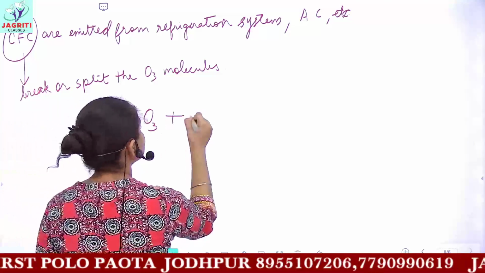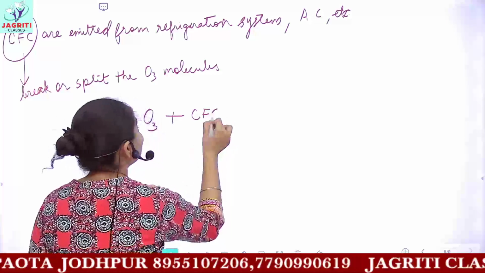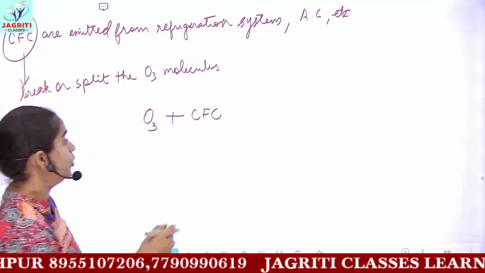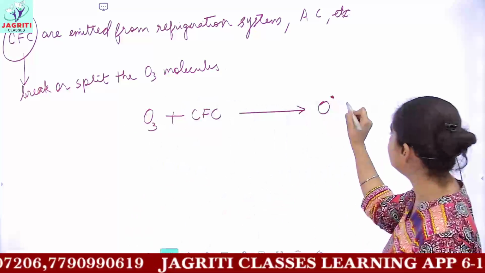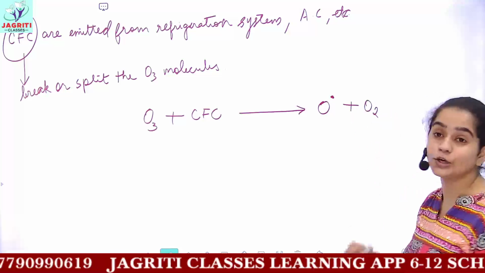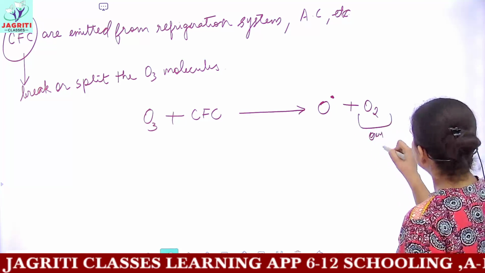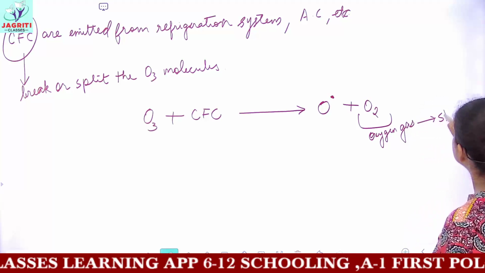So whenever the CFC works on these ozone molecules, these ozone molecules get split up or break to form an oxygen free radical with a diatomic oxygen molecule, because we know this is our diatomic oxygen gaseous molecule and it is quite stable.